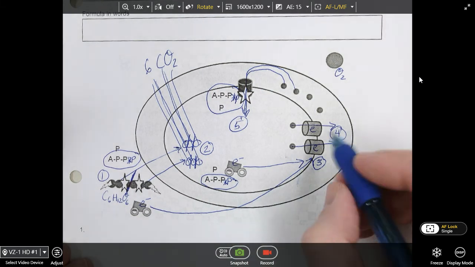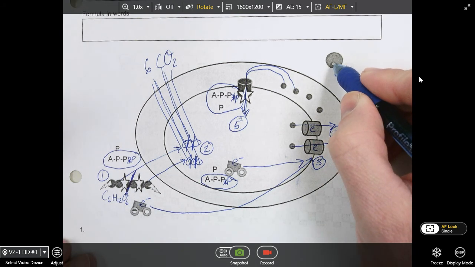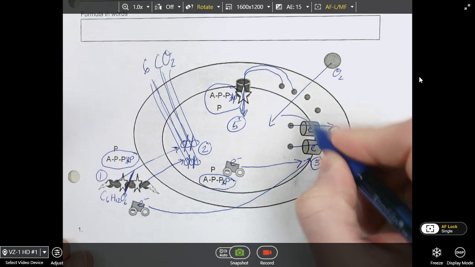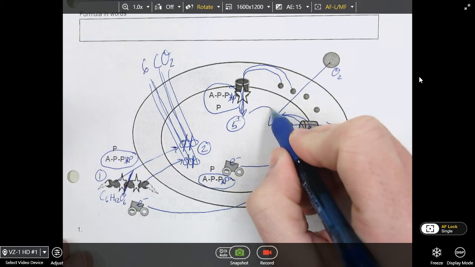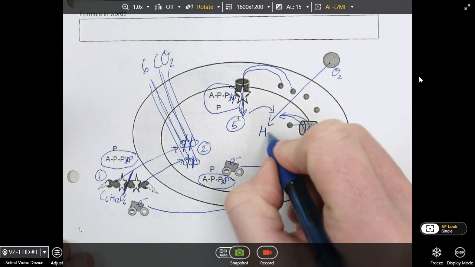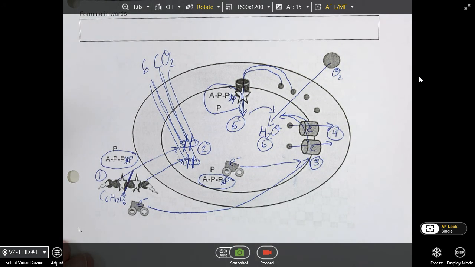Our final and 6th step is when oxygen comes in. It's going to take the electrons, take some protons, and we are going to get water. And that is our 6th step.